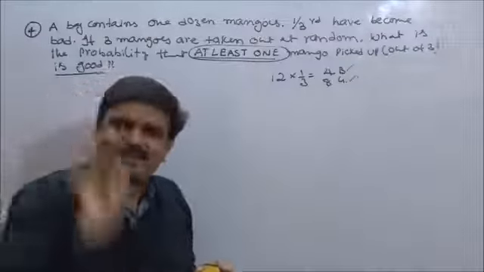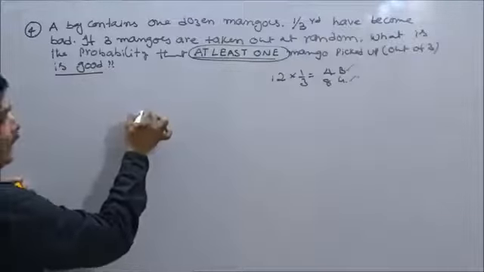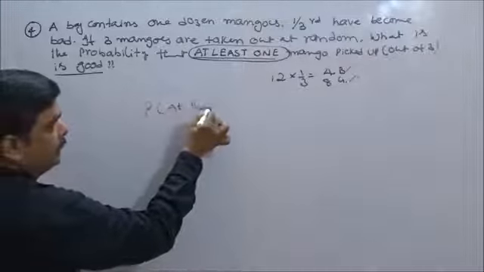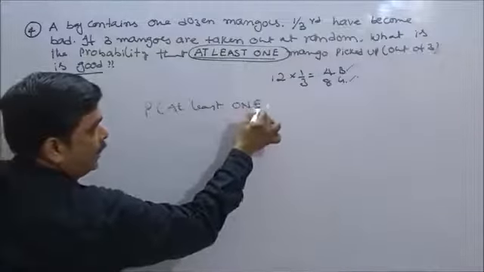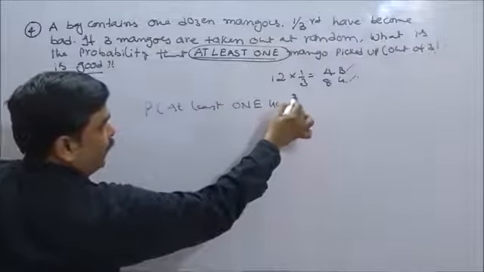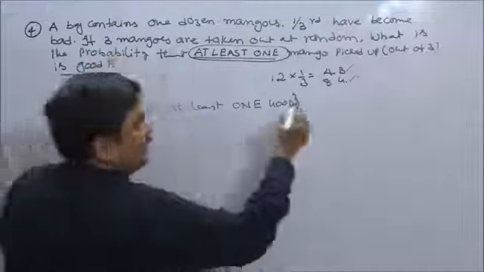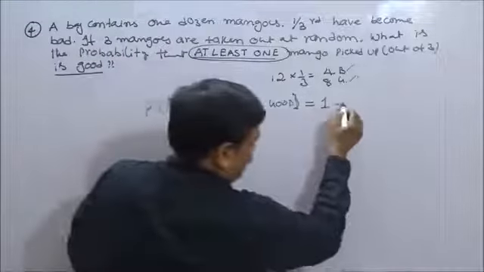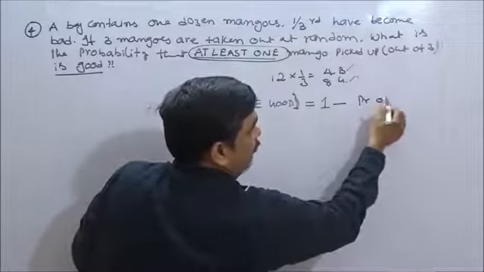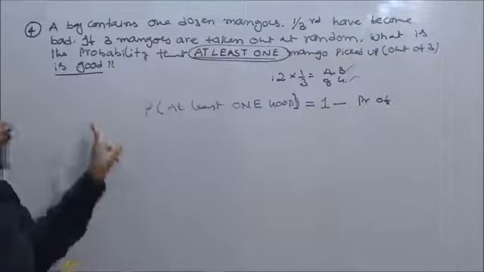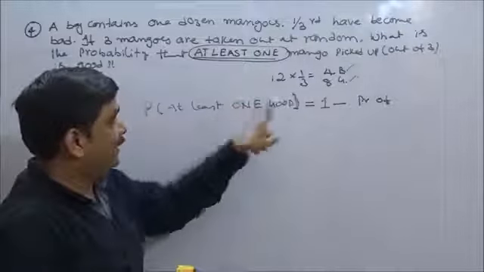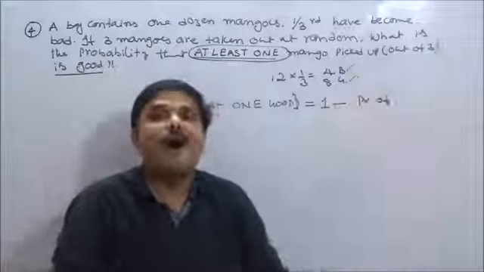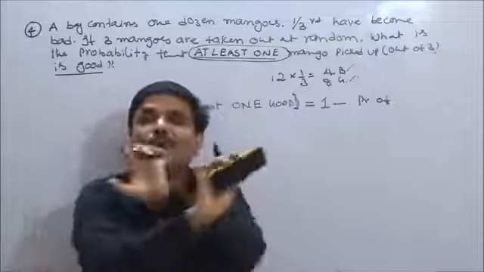Now students, always remember, I am writing here, probability of getting at least 1 good should be taken as total, that is 1, minus the probability of, what should be taken here? Think it over students. Probability of getting at least 1 good means 1 minus all bad, 1 minus no good.